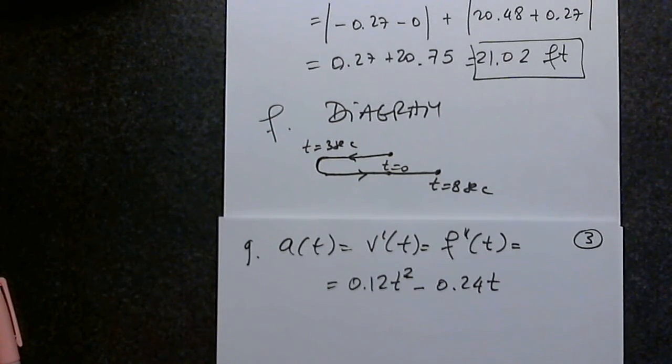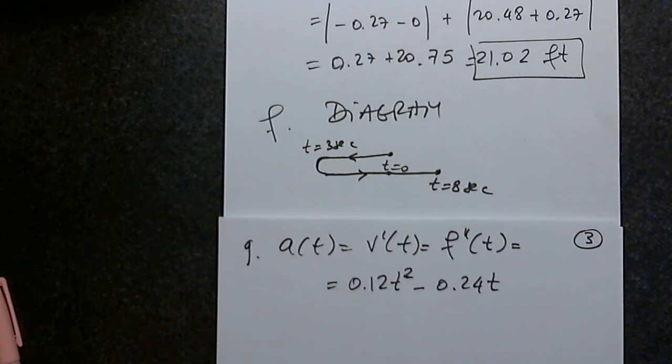When is the particle speeding up and when is the particle slowing down? So let's talk about that. So we established that the particle moves to your left for 3 seconds, and then it continues forever to your right. Agreed? Okay.